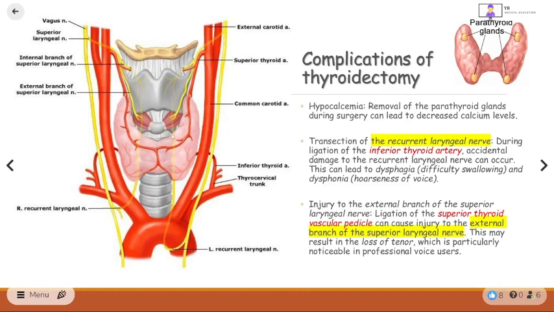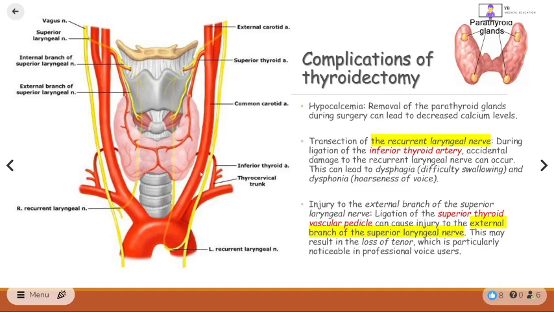So when you remove the thyroid, you can have some complications because you have vasculature and nerve supply right beside the thyroid. And you have parathyroid glands inside the thyroid, so you could remove any of them, right? For example, when you ligate the superior thyroid artery to remove the thyroid gland, you could ligate or damage the superior laryngeal nerve, specifically the external branch of it that goes side by side with the superior thyroid artery.